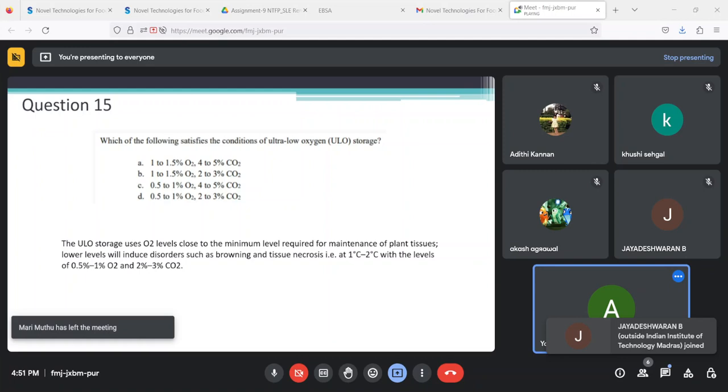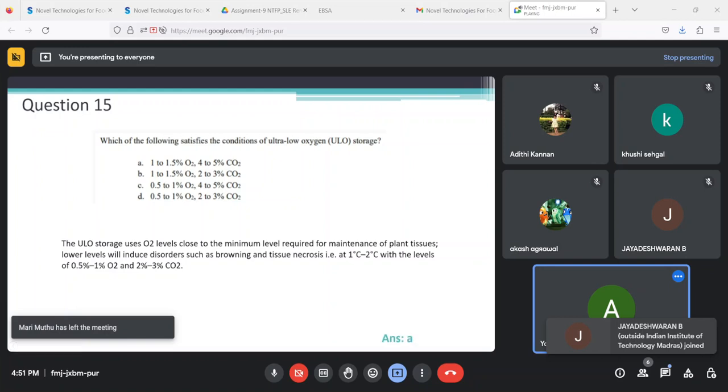So you need to maintain oxygen at a basal level. That will help in the maintenance of the plant tissues, but it will prevent any sort of other oxidation or unwanted process. In the case of food products, that is generally in the range of 0.5 to 1% oxygen, and carbon dioxide should always be higher, which is 2 to 3%. This is what is preferred for an ultra low oxygen storage.